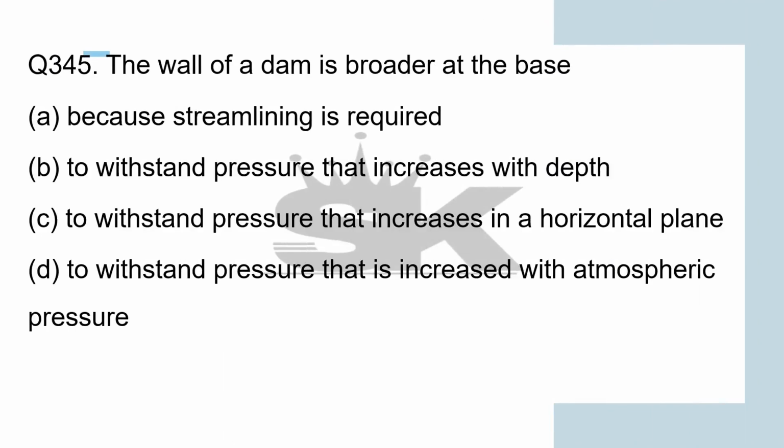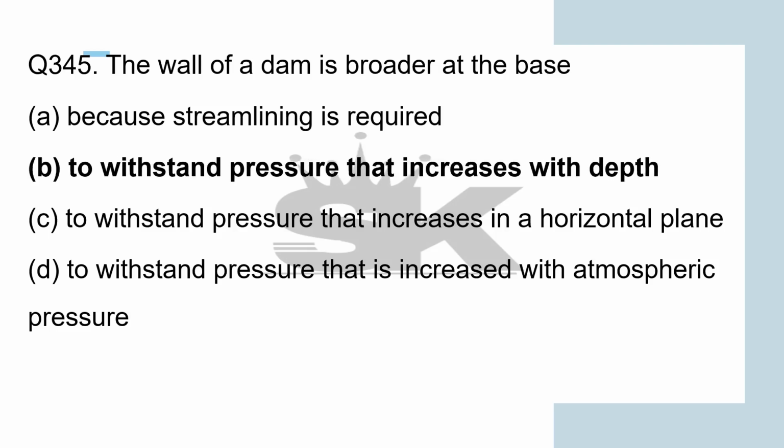the wall of a dam is broader at the base. So here the answer is to withstand pressure that increases with depth. Okay, the reason is that the pressure exerted by a liquid increases with its depth.